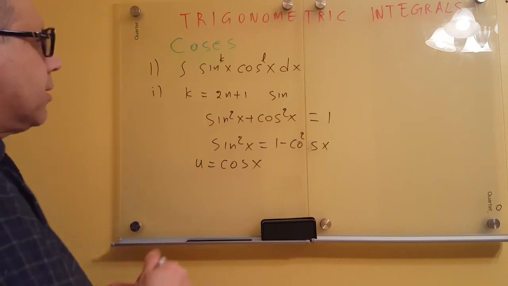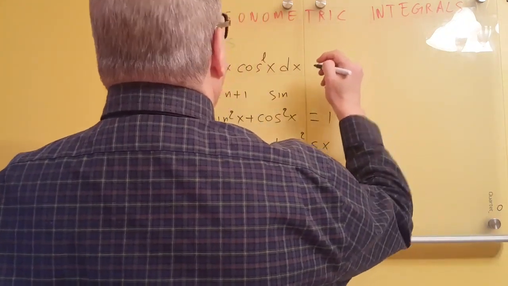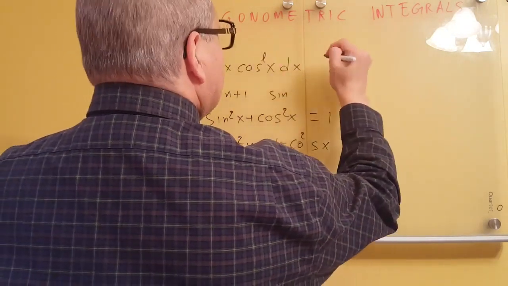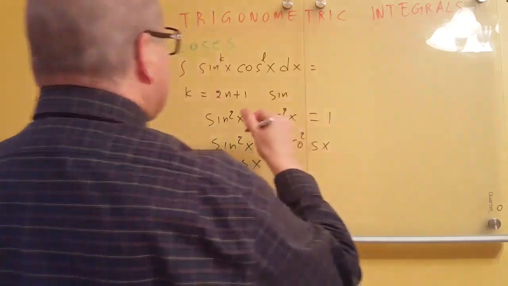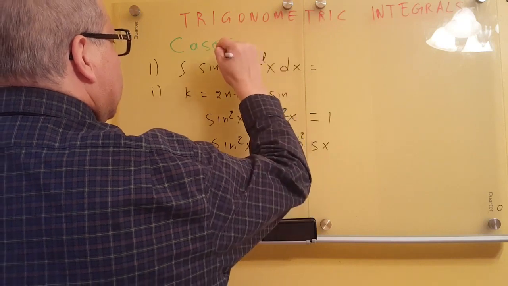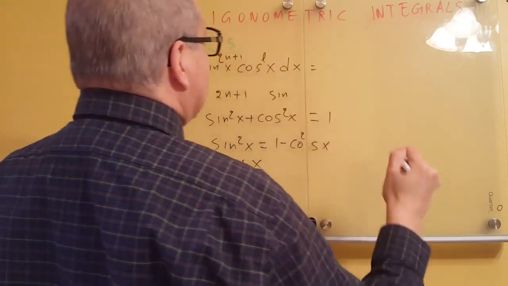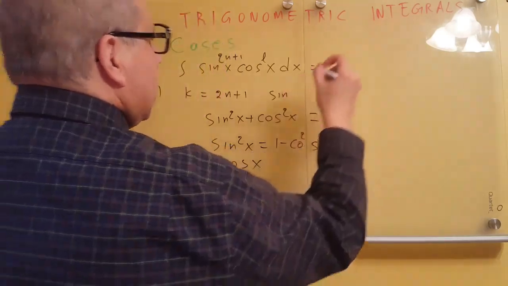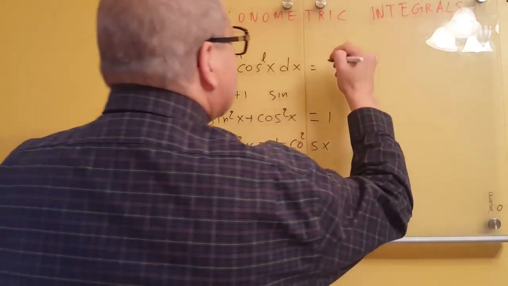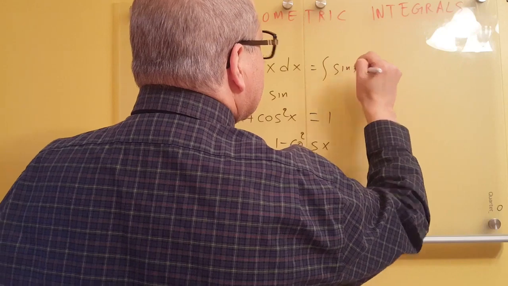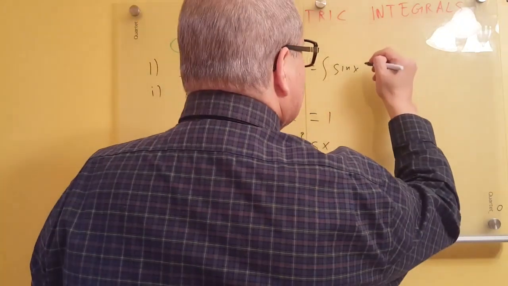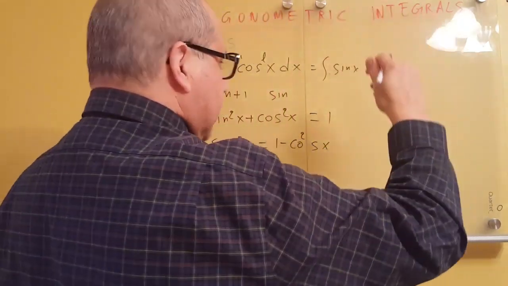So what will happen? Let's see. As I said, instead of k we have 2n plus 1. We keep one sine x, and then you will have only sine to the 2n, which you can write as sine square x to the n.